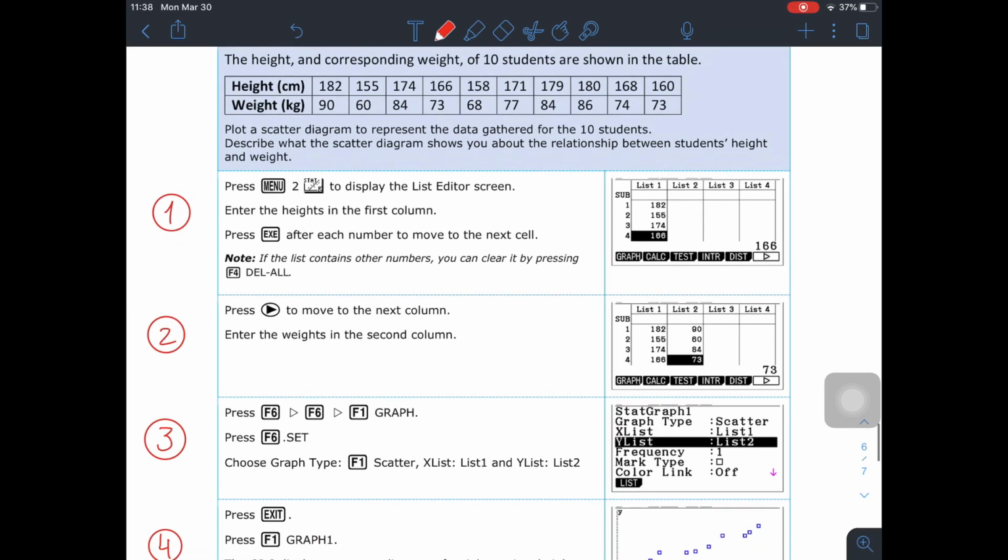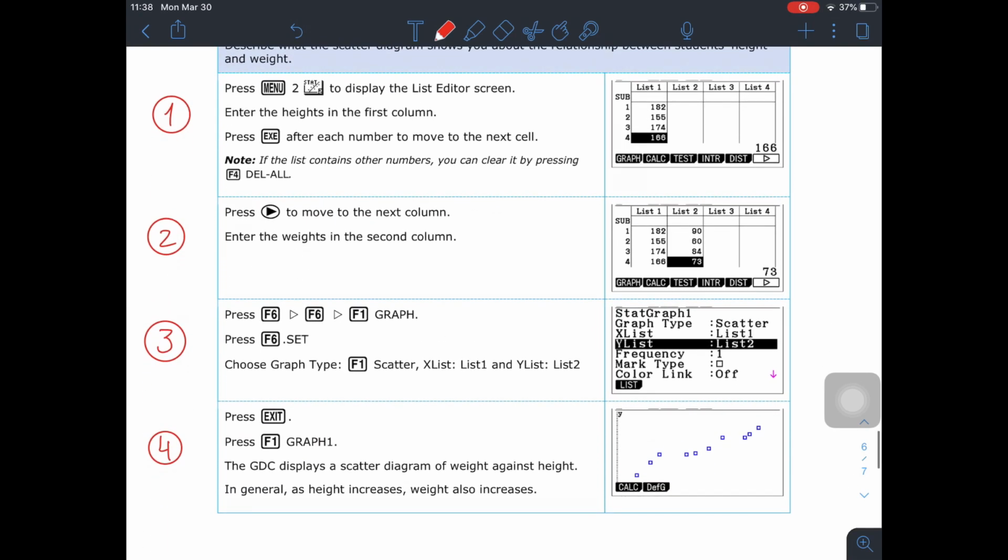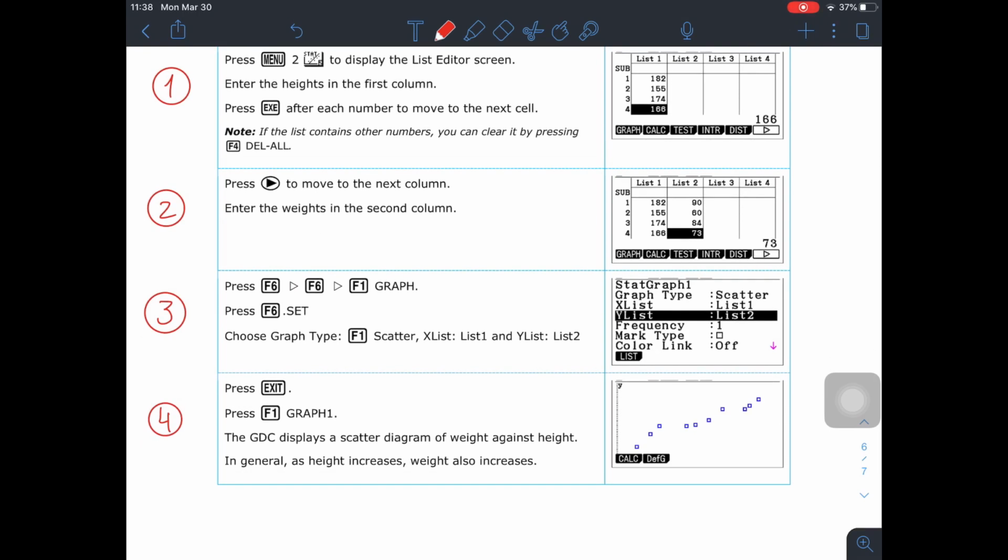Once you have plotted all the values, you press F6 and F1. And you go to set. And when you need to pick the graph type, make sure it's scatter in order to get a scatter plot of these values.